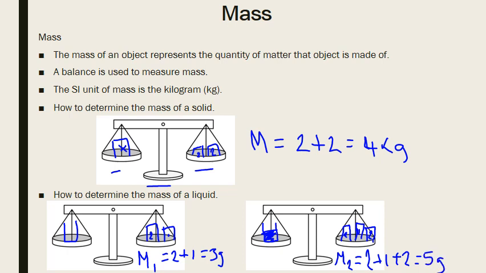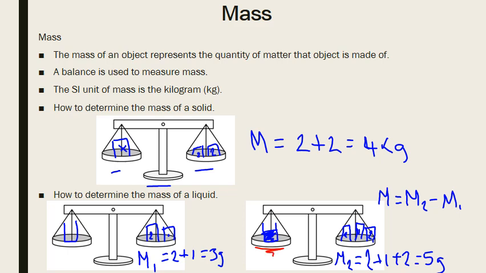We now want to find the mass of that water. So we've found the mass of the beaker, we found the mass of the beaker and water. Now we want to find out the mass of just the water. So we use this equation, M equals M2 minus M1. Remember, M2 is the beaker and water, so it's this one here.